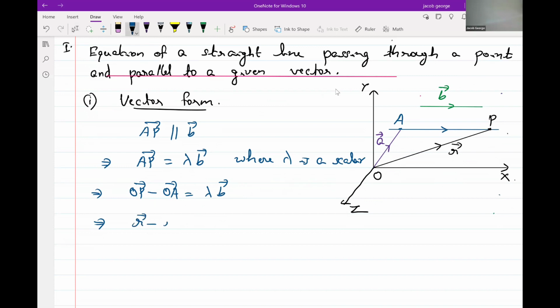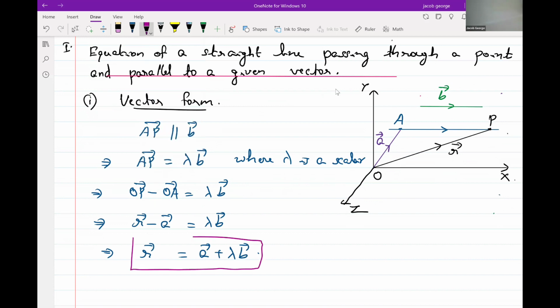Vector R minus vector A is equal to lambda times vector B, which means vector R is equal to vector A plus lambda times vector B.